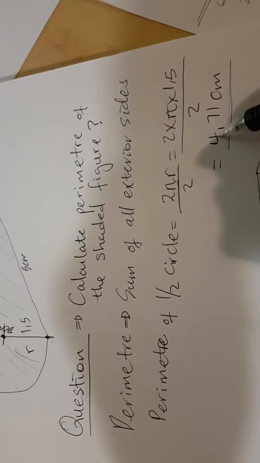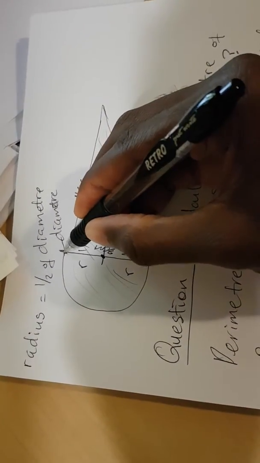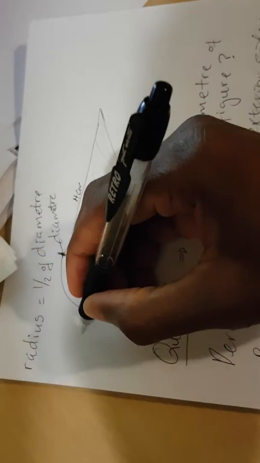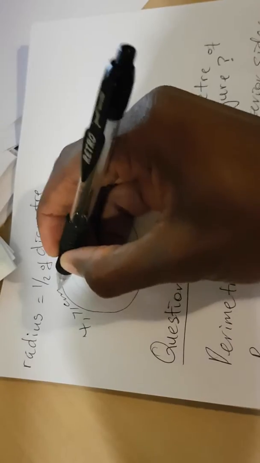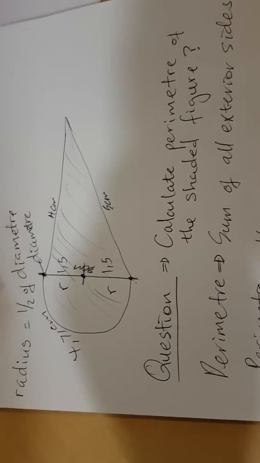So 4.71 centimeters is the units from this point right round to this point.